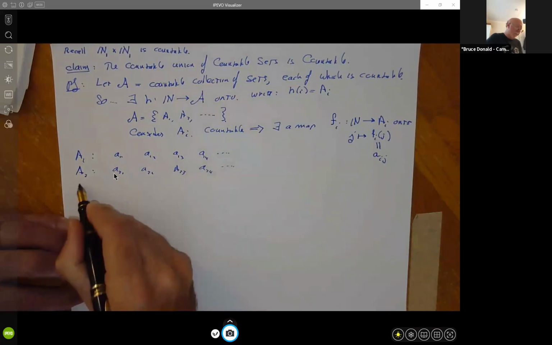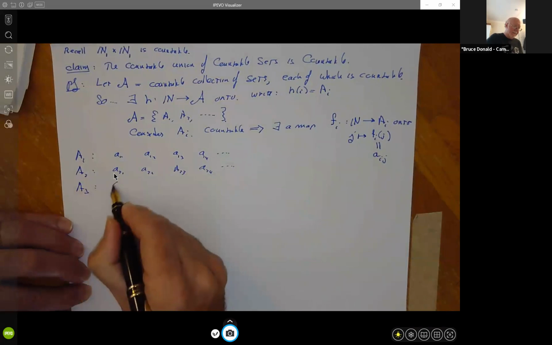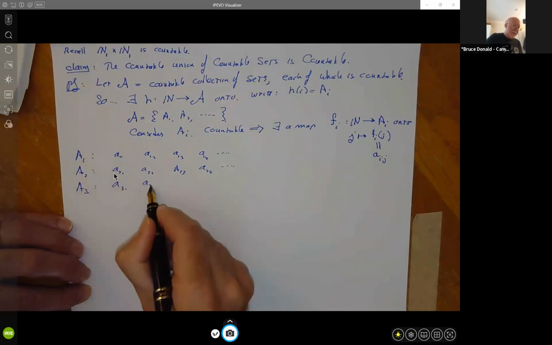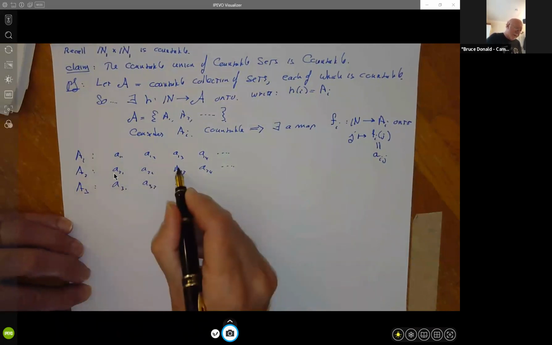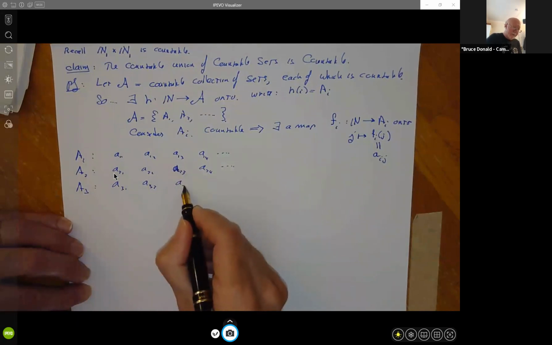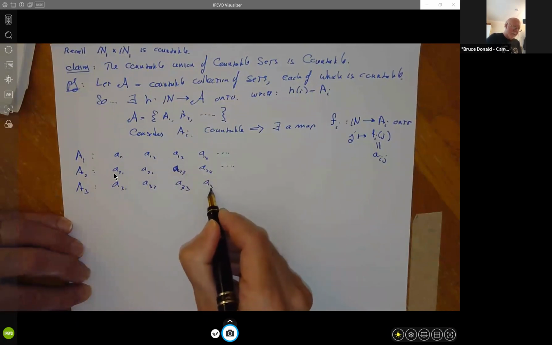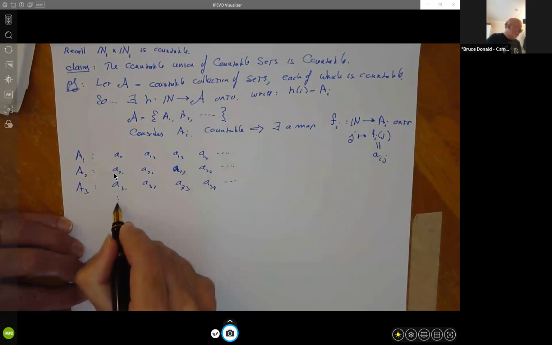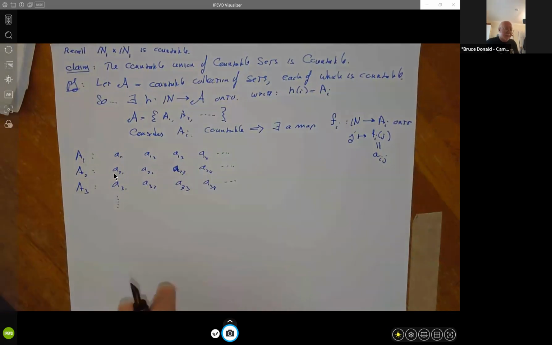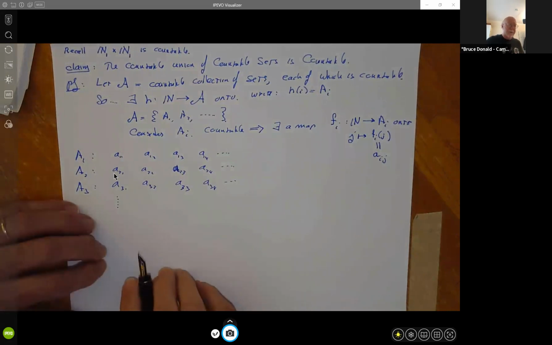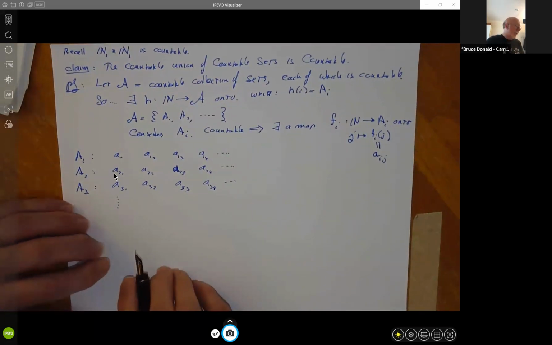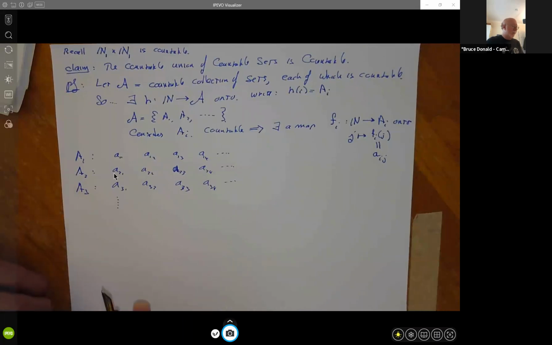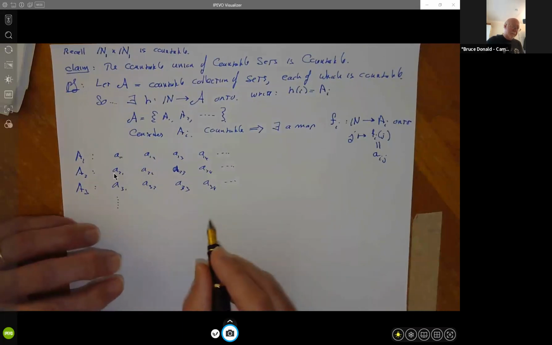Let's do one more, A3, I have a31, a32, a33, a34, etc. and this continues to infinity. So I have a matrix or a table of all these elements, and it looks pretty clear. I should be able to find a way to count those, make them countable, but let's be explicit about it and write a map that counts them.